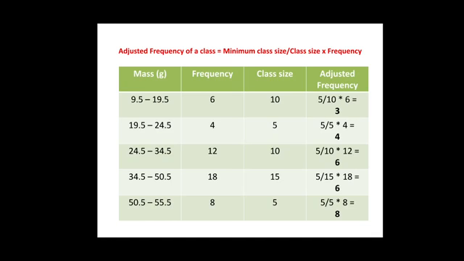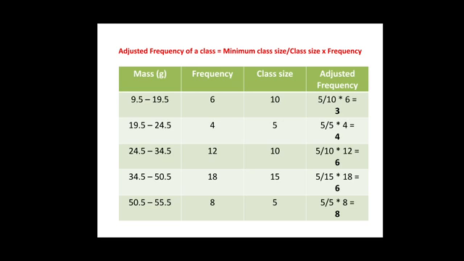Now we need to adjust the frequencies. For that very purpose, let us add another column to the previous table where we mention the class size as given in the third column of the current table. Here we can see the non-uniform class size. We can also see that the minimum class size is 5.